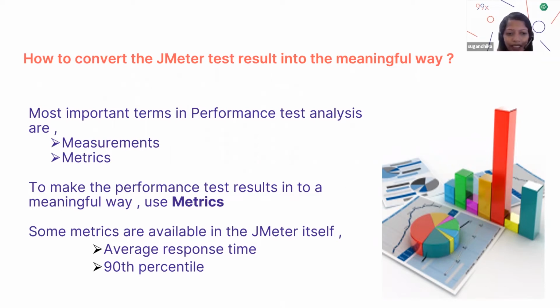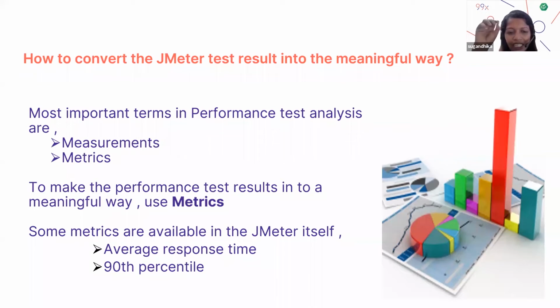Metrics mean an understandable way of measurements. So let's say you have a response time. In performance testing with JMeter, we have samples, right? When it comes to a multiple-user test, you will get a lot of samples.